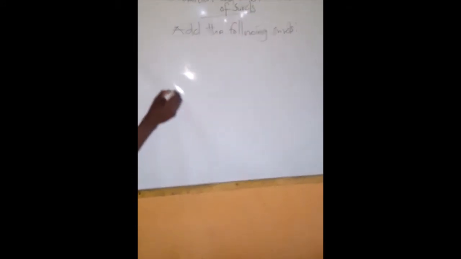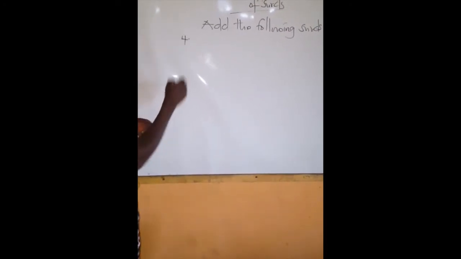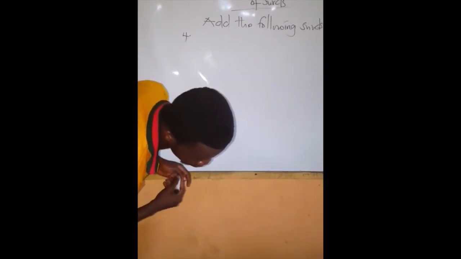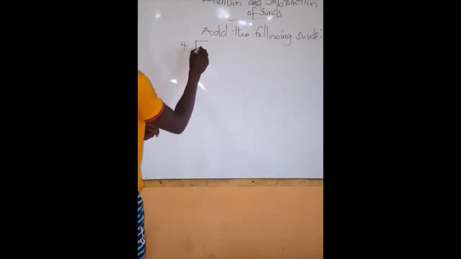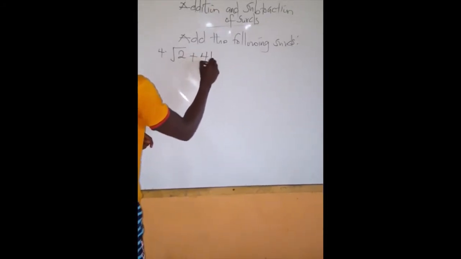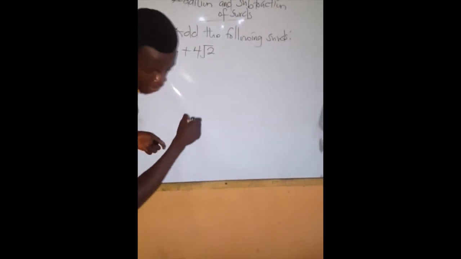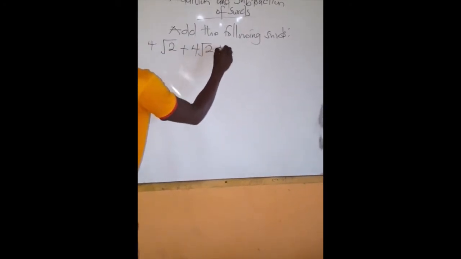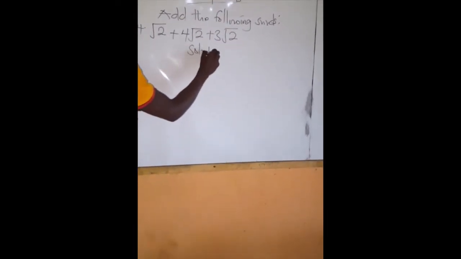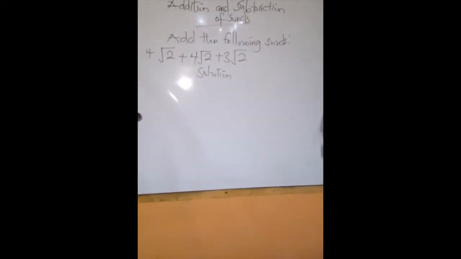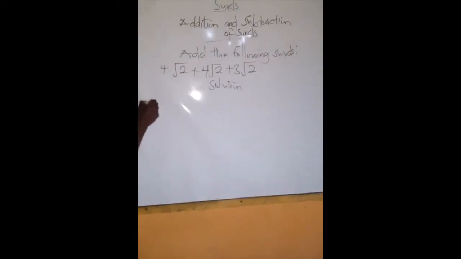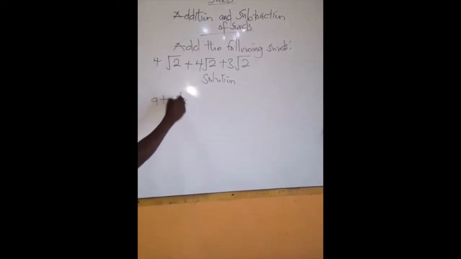So our next example is going to be example 4, which is root 2 plus 4 root 2 plus 3 root 2. Okay. So let's take for instance we have a plus 2b.